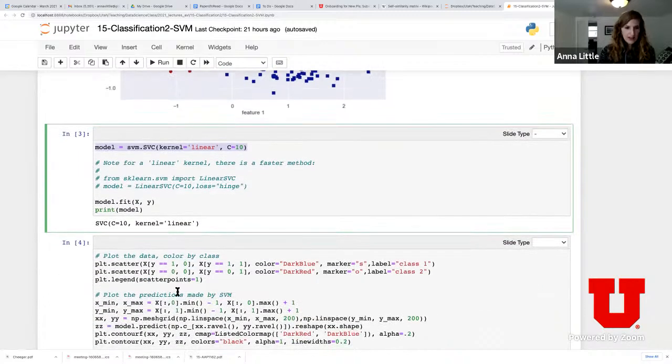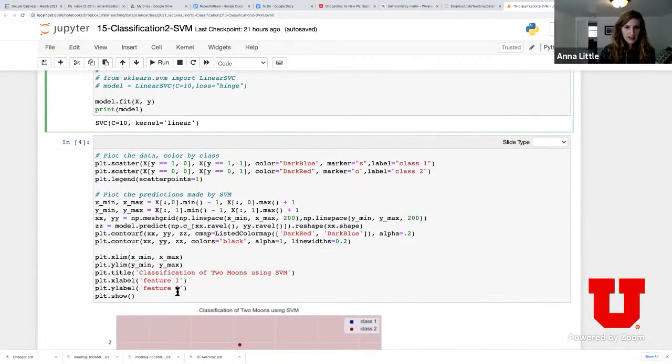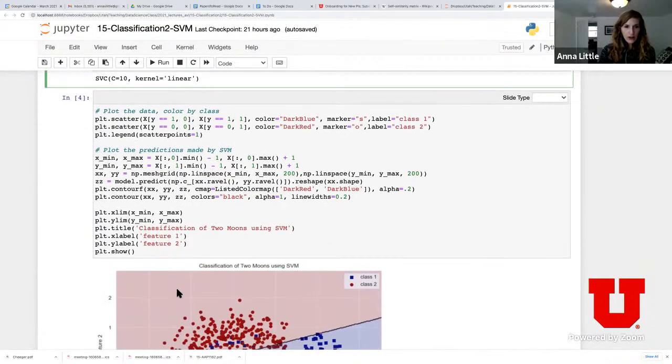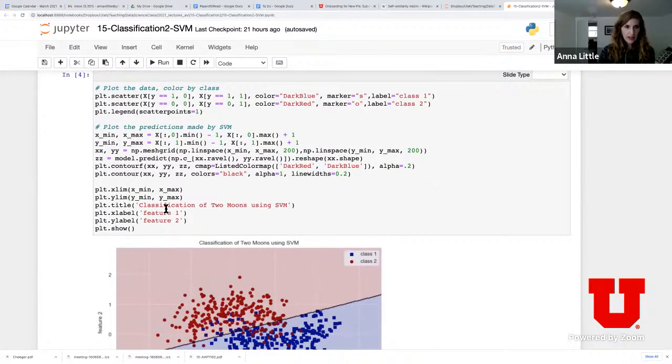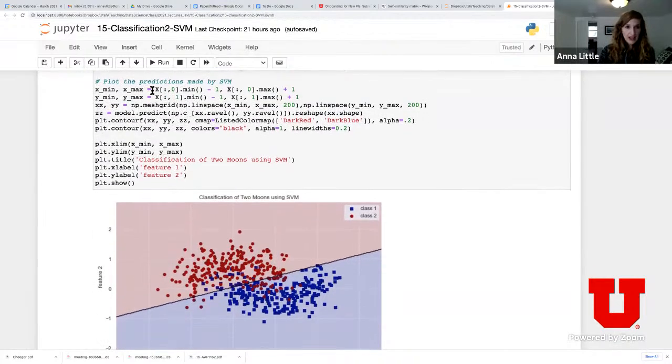Okay, so let's take a look now at how the classifier is performing. Let me scroll down here. This is again just plotting the data, the blue points and the red points, just like before. But now we're going to add the predictions made by the support vector machine classifier. Here we're defining our range of values, xmin to xmax.